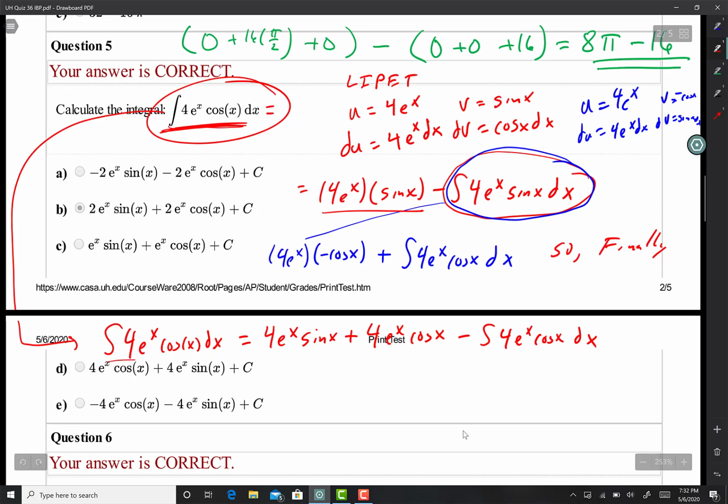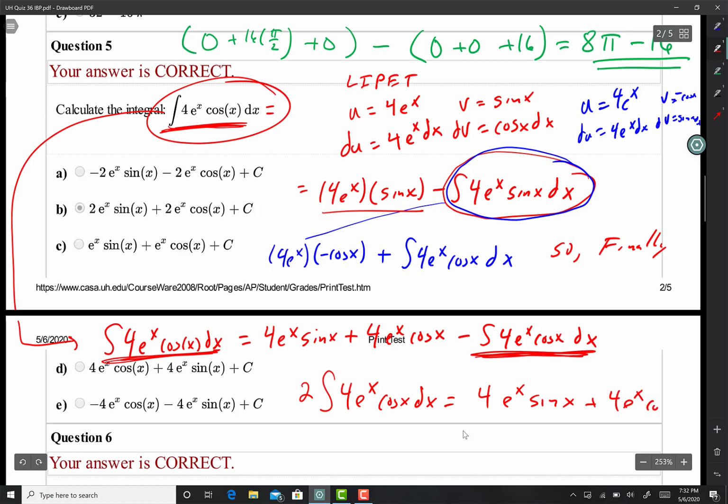Okay, notice I have 4e to the x cosine x dx, I have 4e to the x cosine x dx. I'm going to add them, and when I add them, that's like you have two of them now. So I have 2 of the 4e to the x cosine x, which equals 4e to the x sine x plus 4e to the x cosine x.